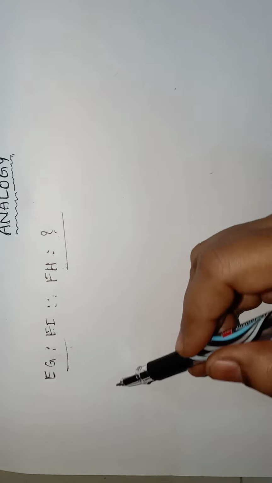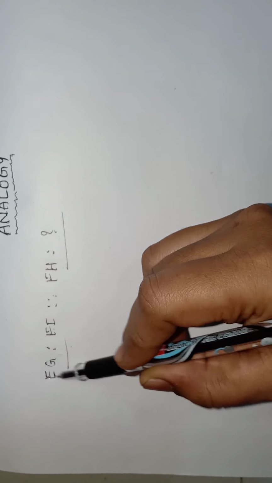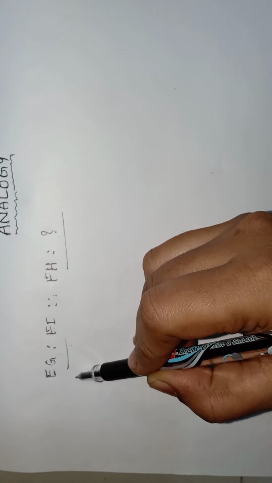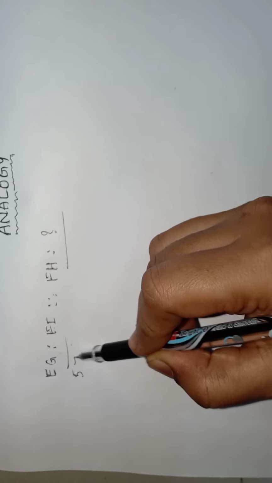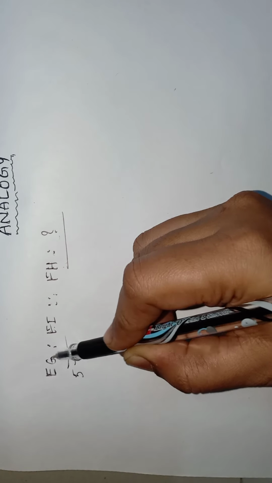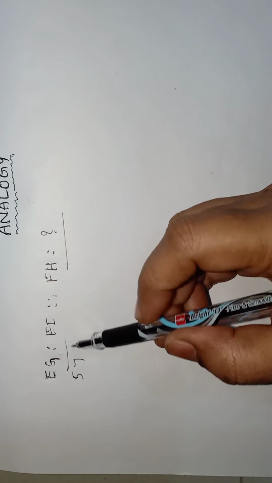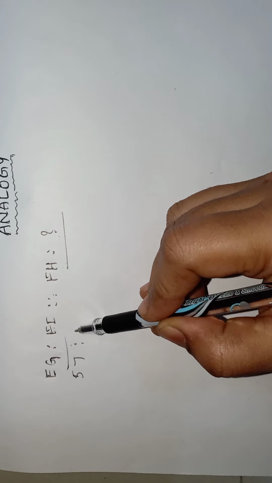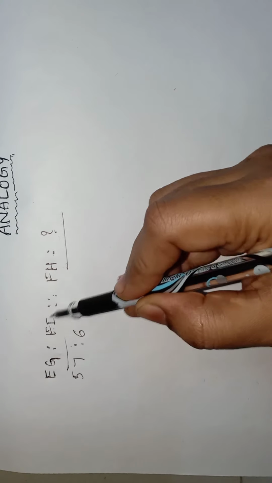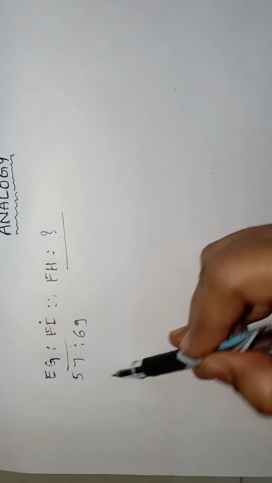Now you also know what is the number of E? 5. What is the number of G? 7. Take the codes, as I also told in the earlier class. F is 6, I is 9.